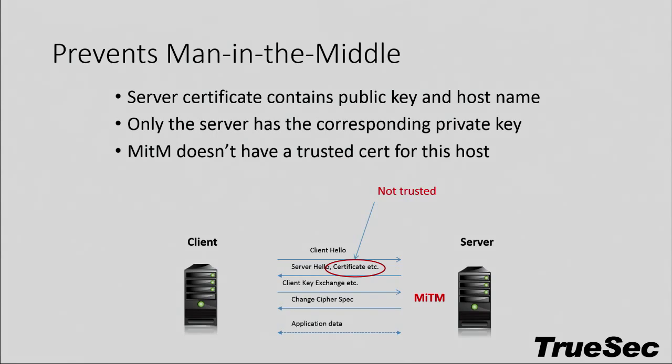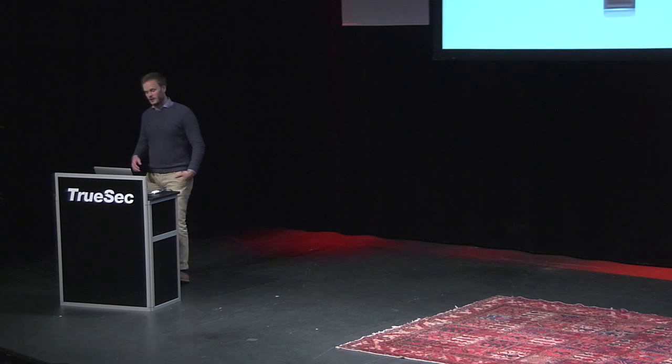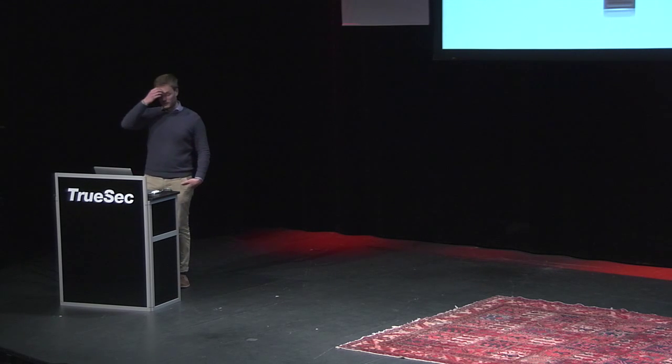So this certificate is, of course, validated against a list of trusted certificate authorities. And if there were a man in the middle that would send some other certificate, or would send the correct certificate but wouldn't sign the response correctly, the connection wouldn't be established, of course, because the server certificate contains the public key and the host name, and only the server has the corresponding private key.